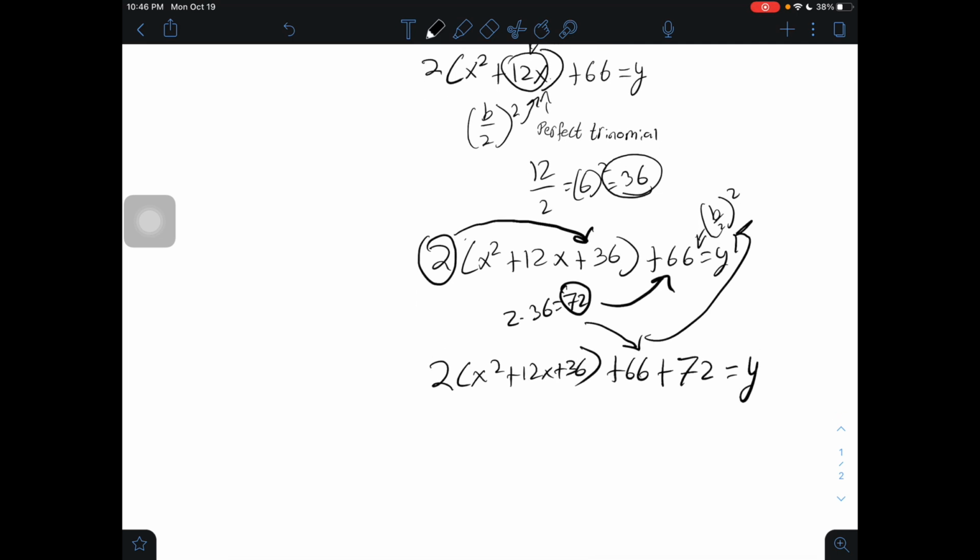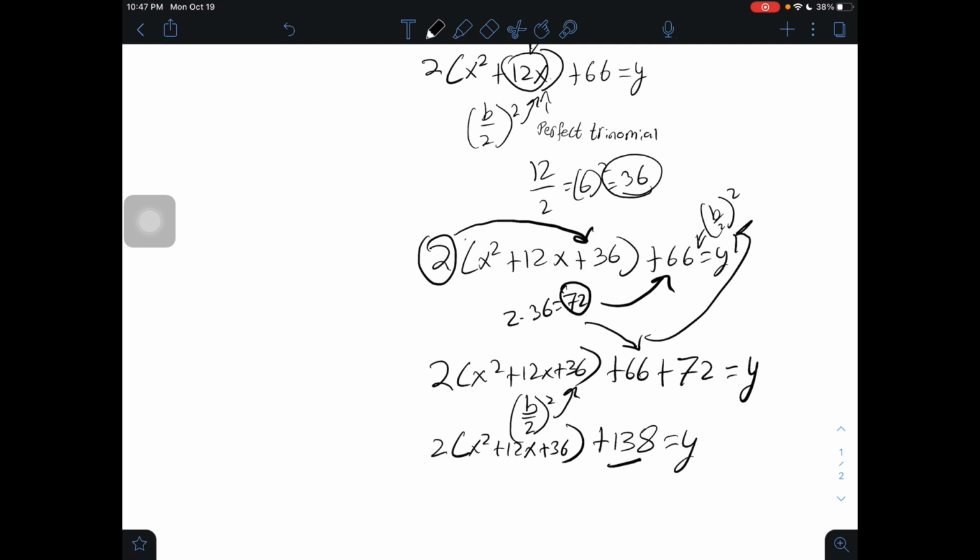So now we have 2 times, and if you remember, we have b over 2 squared, which is our 36. That's where we got this 36 from. Key thing to remember. Now, we have the same x squared plus 12x plus 36. Simple addition here. We just have plus 138 equals y.